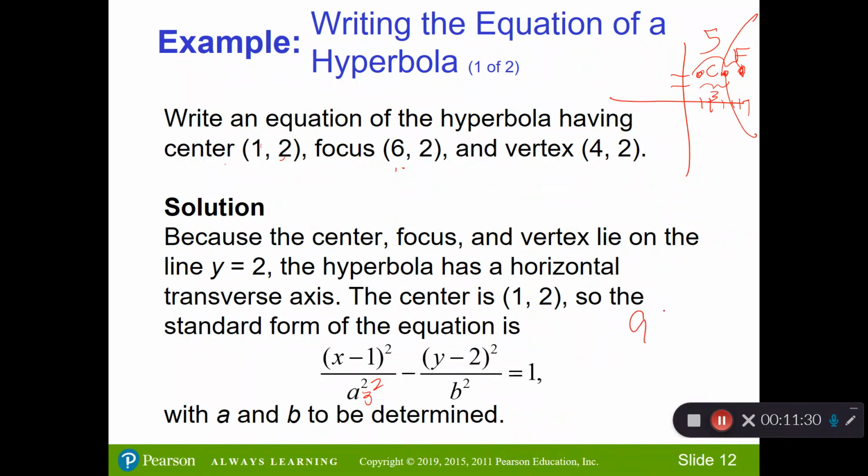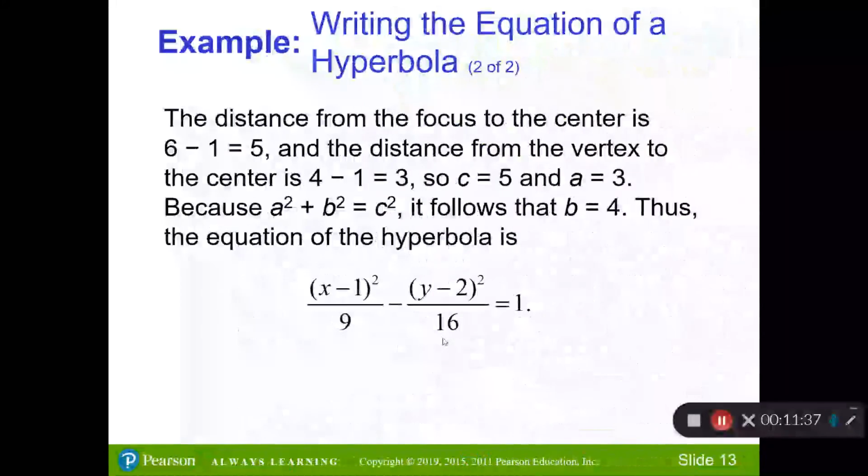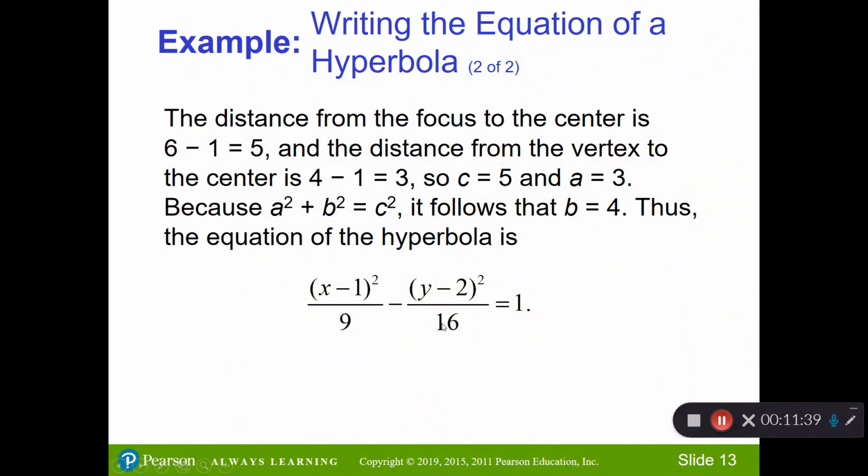So 9 plus b squared has got to be equal to 25. Let's do the math on that. We're going to see that b squared has to be 16. So x minus 1 squared over 9 minus y minus 2 squared over 16 equals 1. That's the equation of our hyperbola.